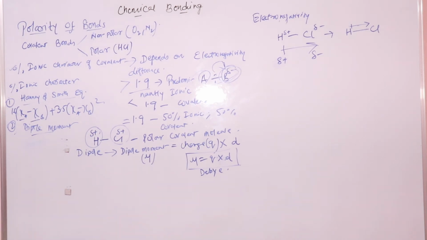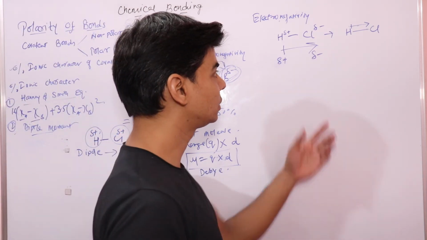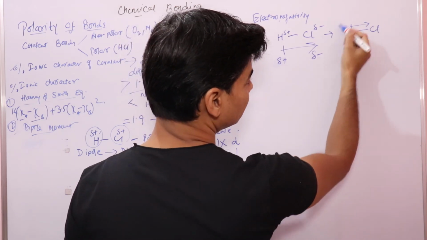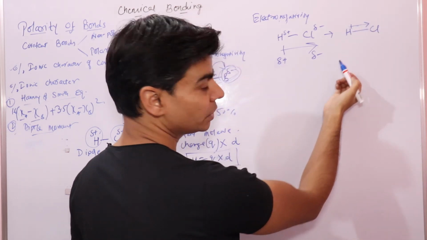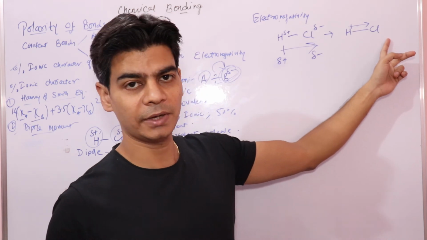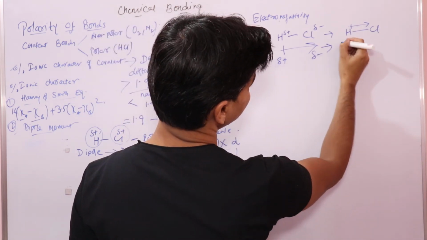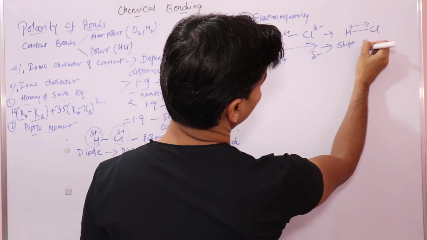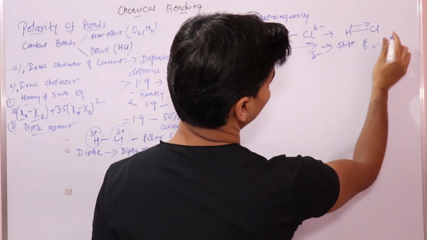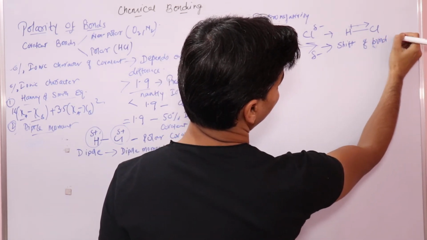Now there are certain applications of dipole moment. And what this arrow represents is the shift of electrons. The dipole moment is represented by this arrow pointing from the positive to the negative end, and basically this represents the shift of the bond pair or lone pair electrons.